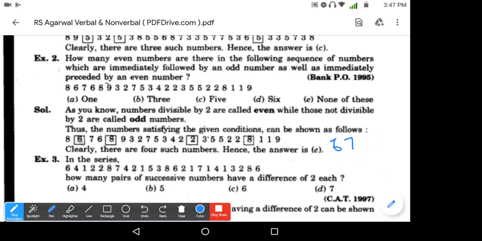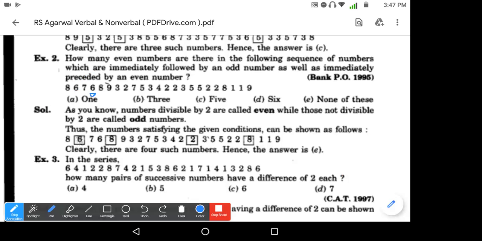6, 7, 6, 8. Now I am considering the 7. 7 is an odd number, so nothing can be done. 7, 6, 8, 9. See, I'm just taking the series here. I'm adding one number at a time, or we'll do it there only. That will be better. So now 7, not possible. Now we'll go to the next even number.